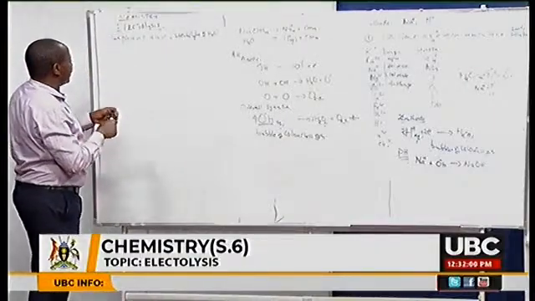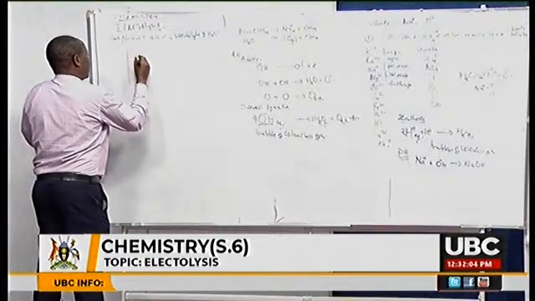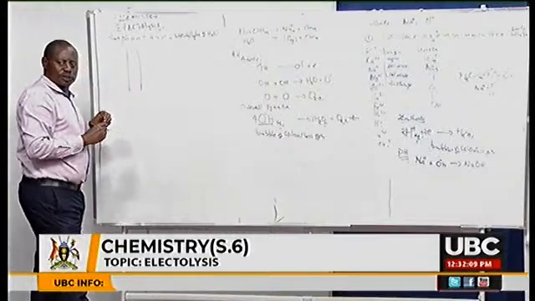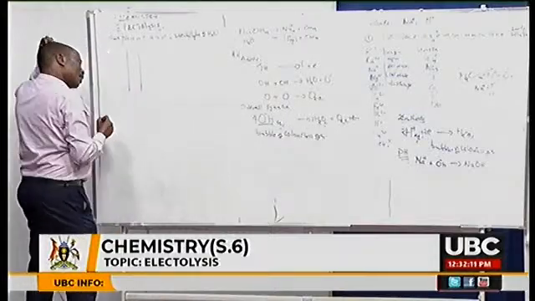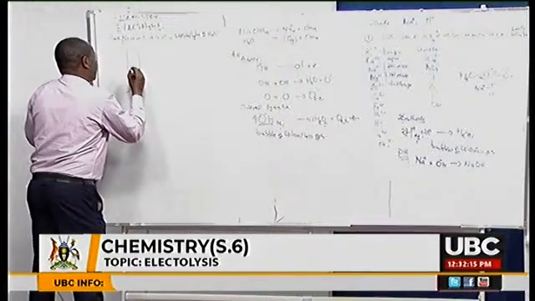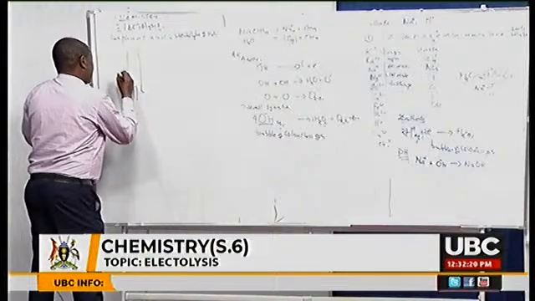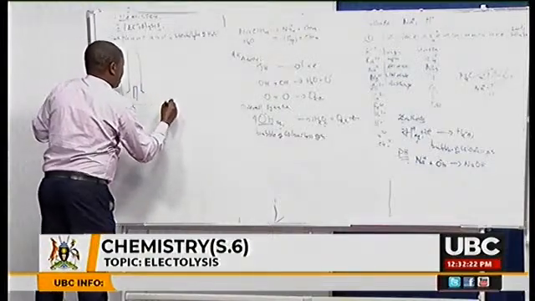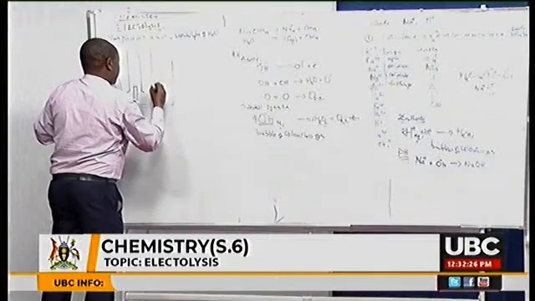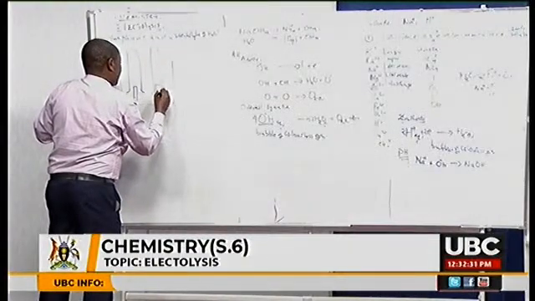Practically, we tried the electrolysis of sulfuric acid the other time when we were beginning our lessons. I want you to remember the diagram we drew: this is a test tube, this one was our electrode, and this one was another.